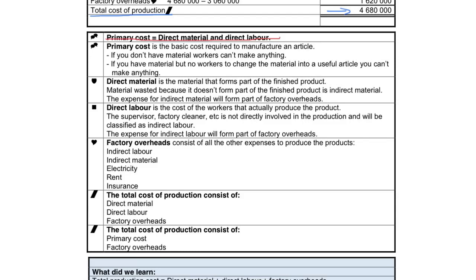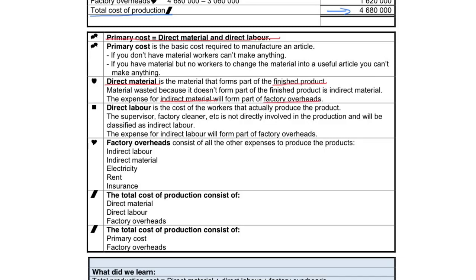So the direct material is the material that is part of the finished goods, and the indirect material is the material that's wasted, that falls off on the side, and that forms part of factory overheads. So although it is not included in the finished product, the business still has to pay for that material.